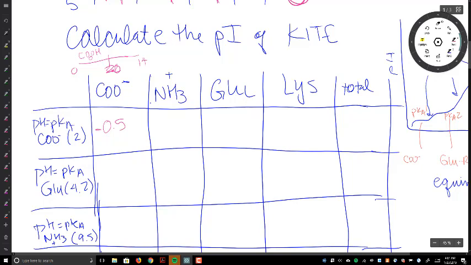When it's above the pKa, it's deprotonated, carrying a negative charge. So on average, if there's a 50-50 ratio at the pKa, then we would have a charge of -0.5.